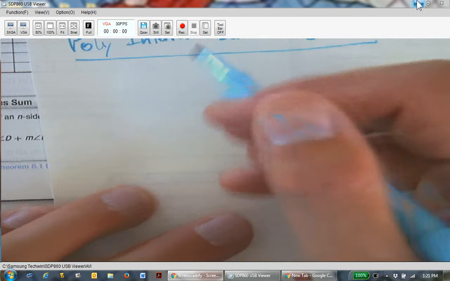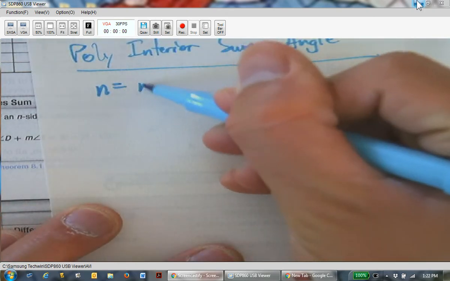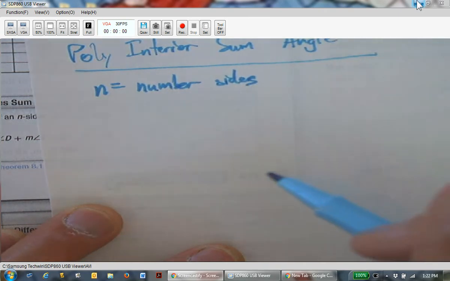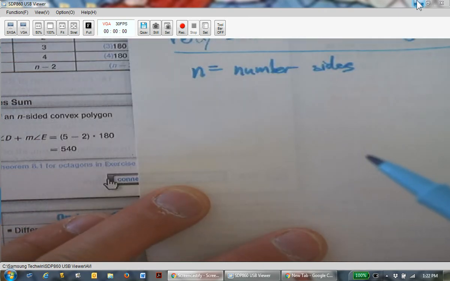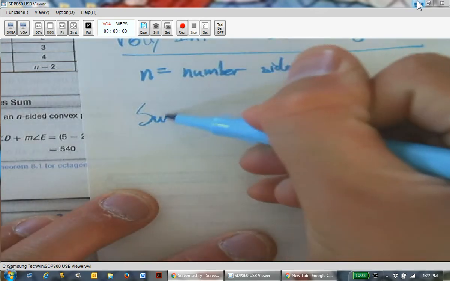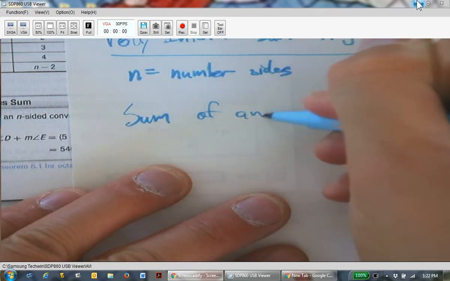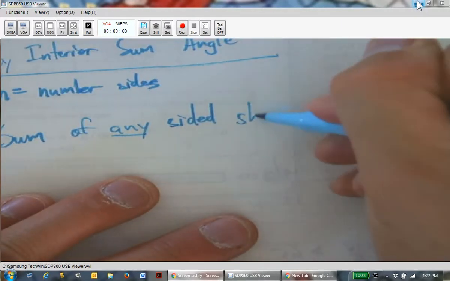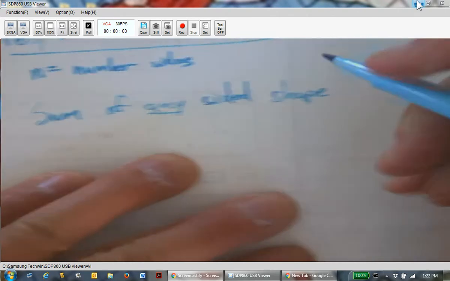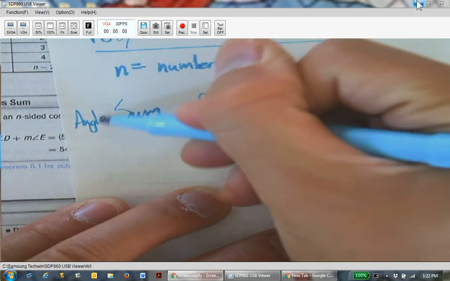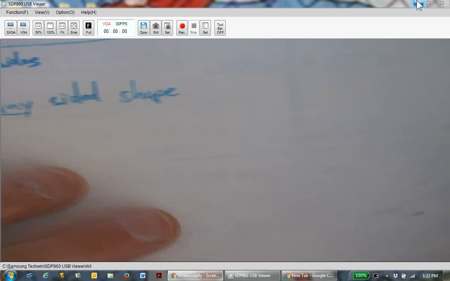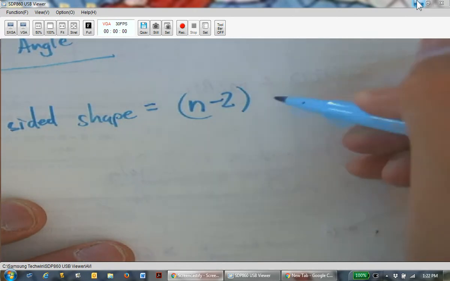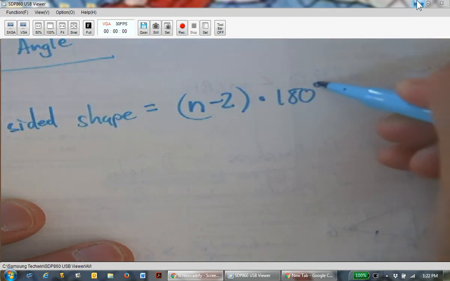What this says is if n was my number of sides, and I wanted to find the angle sum of any sided shape, I would take the number of sides, which is n, subtract 2 from it, and then multiply it to 180 degrees.